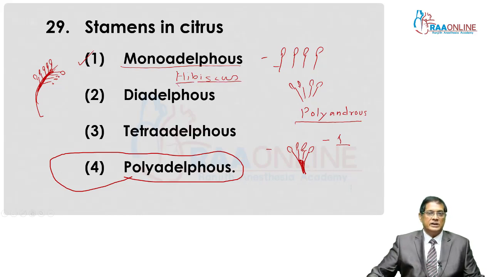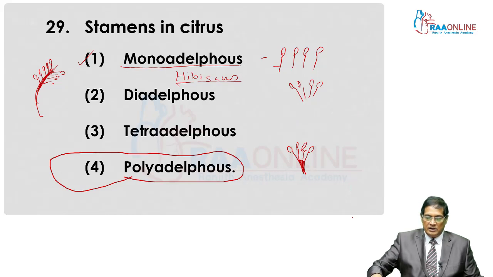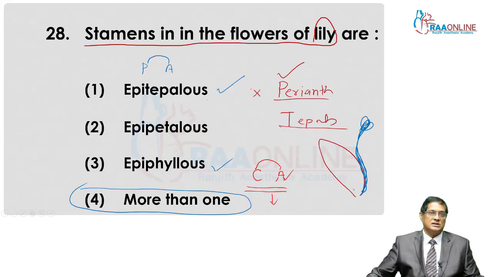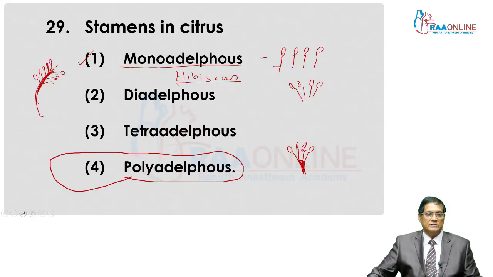The second case is related with the family Fabaceae. In the Fabaceae family, a total of 10 stamens are there.